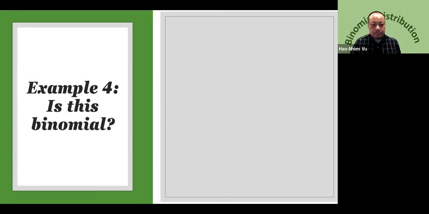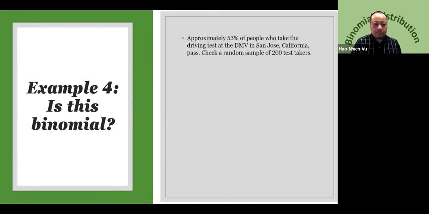Last example, is this binomial? Approximately 53% of people who take the driving test at the DMV in San Jose, California pass. Check a random sample of 200 test takers. Condition number 1, is there a fixed number of trials? By now, you should know that each try consists of one test taker going to take the driving test.